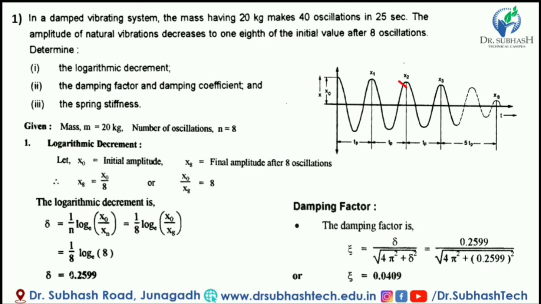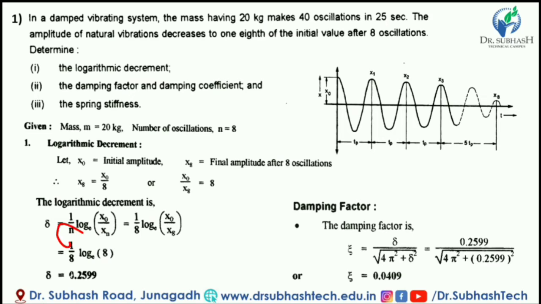If we have to find the logarithmic decrement for two cycles, then x0 upon x2. For four continuous cycles, x0 upon x4. Here we find the logarithmic decrement for 8 oscillations or 8 cycles. So x0 upon x8, and n, the number of cycles, is 8.